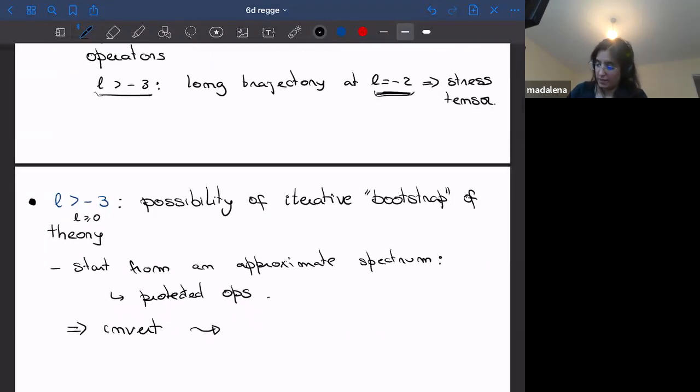So the protected operators are the ones with the lowest twist, meaning that we know that they're the dominant contribution for large spin. So at large spin, at least, we expect this to give a reasonable estimate for the spectrum. And then when we invert, we get everything out.